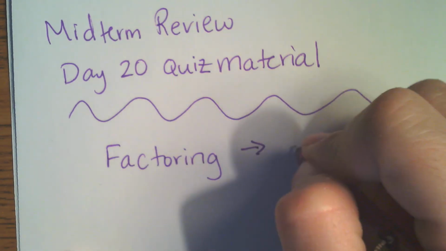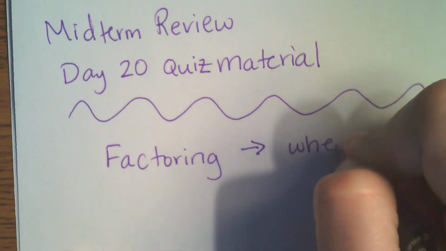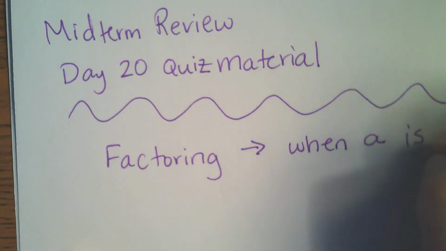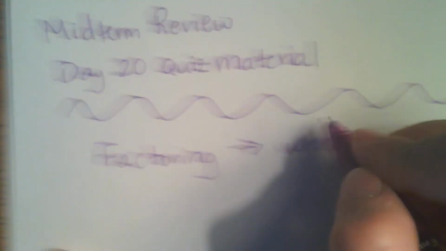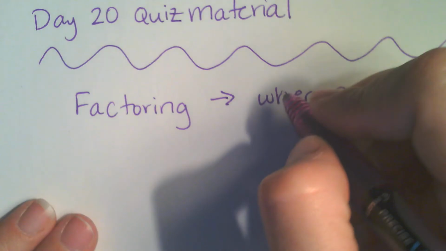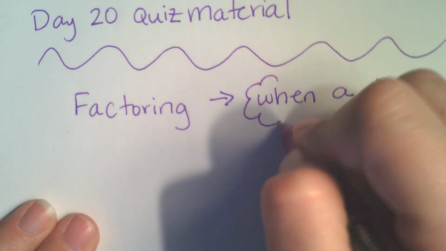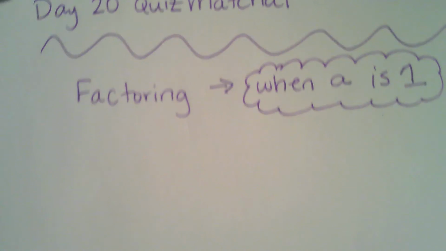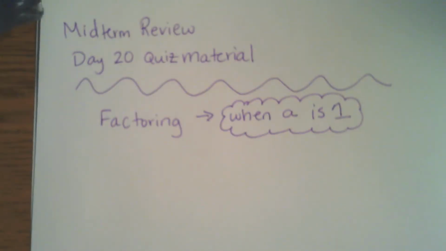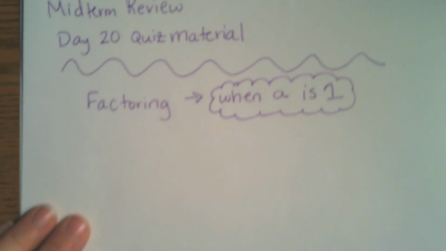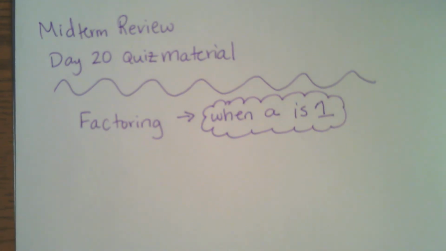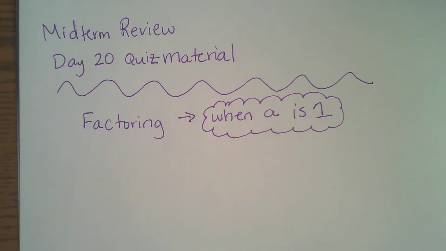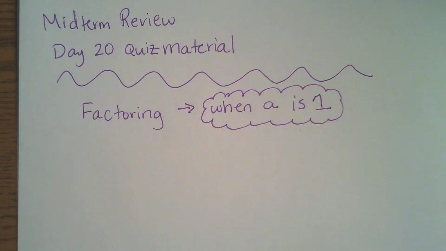And the first thing that we're going to talk about is when A is 1, which we've done a lot of. Yay. Factoring when A is 1. All right, so that looks like this.